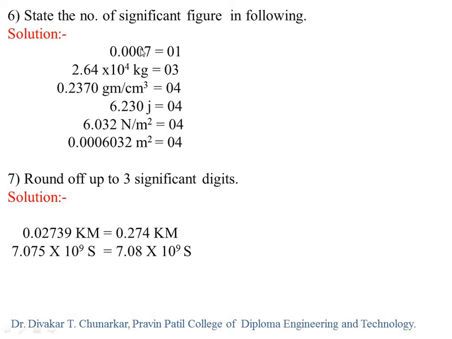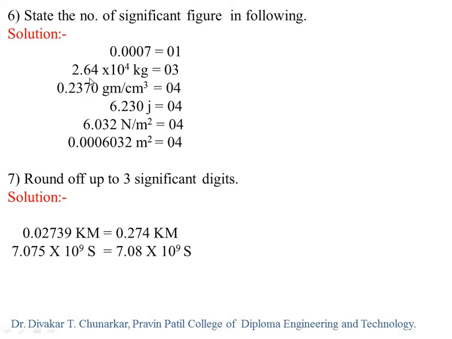So in the case of 0.0007, there is one significant figure, because all the zeros occur after the decimal point and before the non-zero digit 7. So these three zeros are not significant, only 7, that is only one significant figure.